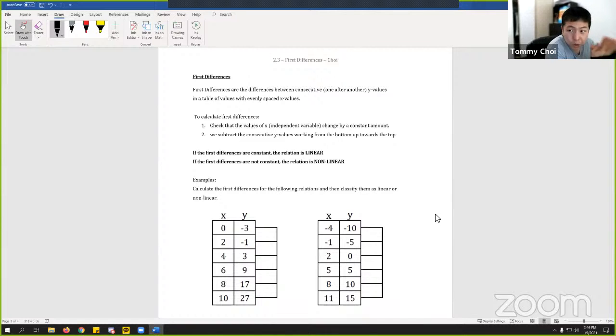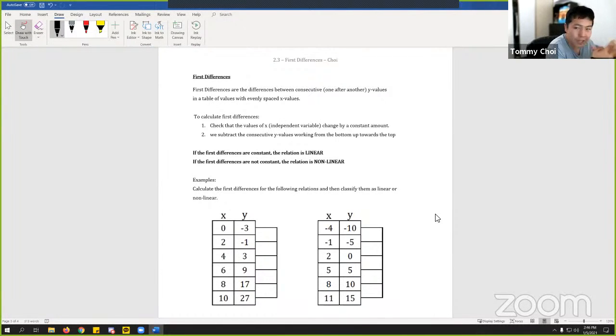And number two, we subtract the y values working from bottom to top. This will make sure that you don't mess up. So, for example, we'll go through some of these here. But when you notice that the first differences are constant, it is linear. If the first differences are not constant, it's nonlinear.